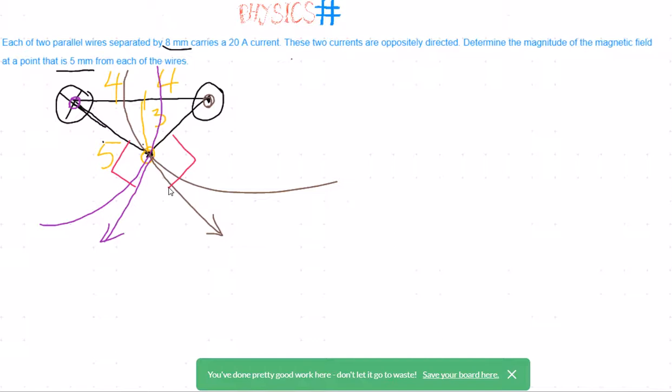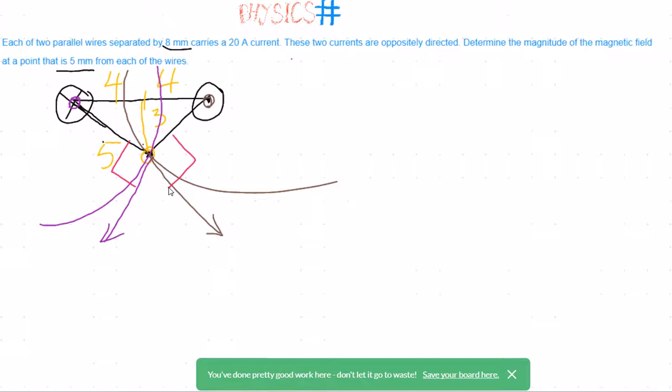That's all we can know from this construction. The other information that we got was that the right angle triangle is a 3, 4, 5 right angle triangle. That 3 we got from using the simple Pythagoras theorem. The hypotenuse is 5, and one of the 2 other sides is 4, so the other one must be 3: 5 squared minus 4 squared, and then the square root of that.